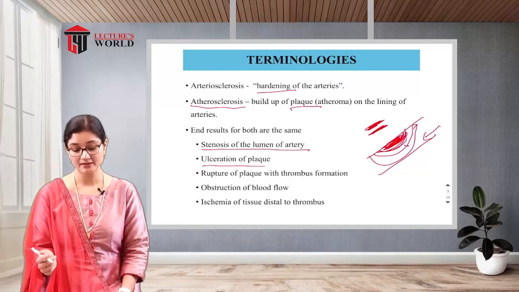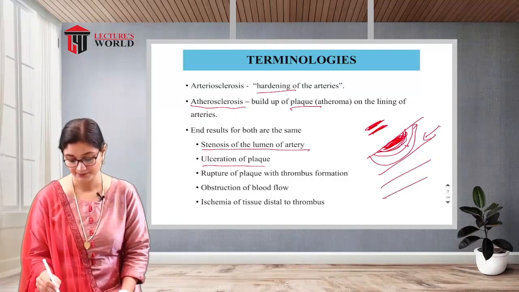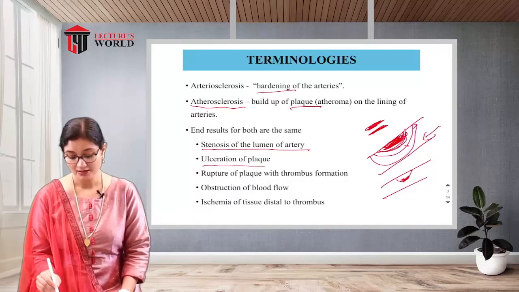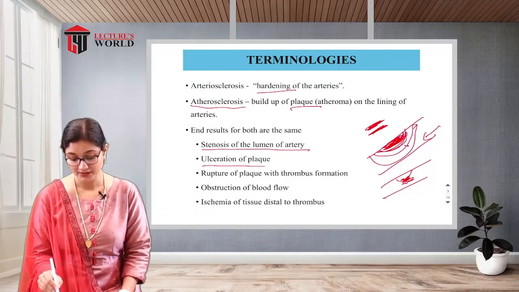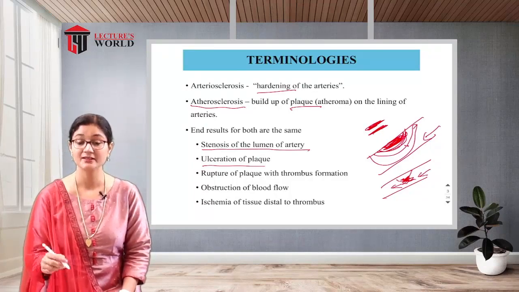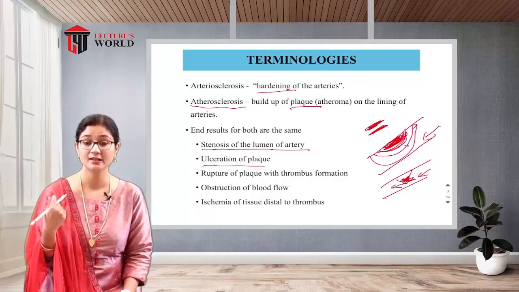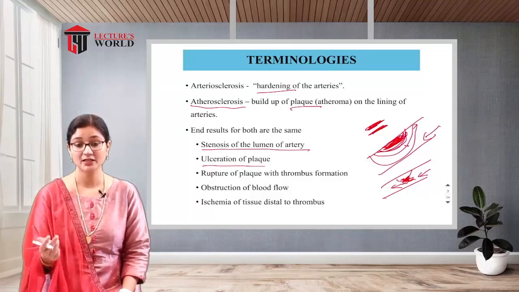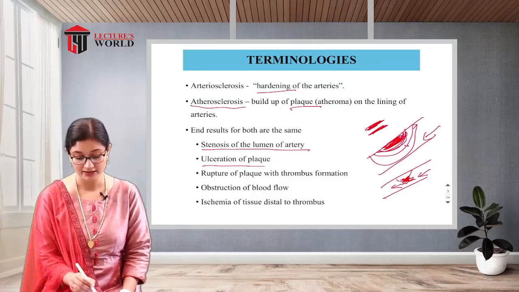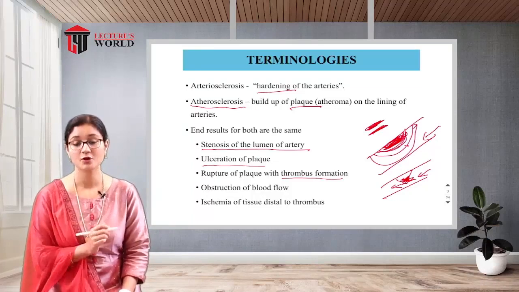Next is ulceration. What do you mean by ulceration? Now this plaque which is there, it will ulcerate, like we have ulcers. When it ulcerates, it comes in contact with the blood, and it further forms a thrombus.